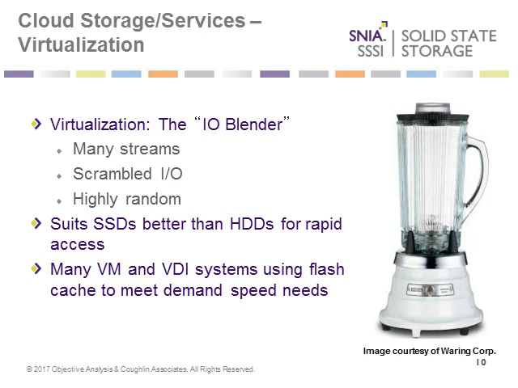It can be highly random access. And this is an application where SSDs are actually more popular than hard disk drives for rapid access, at least for a lot of the initiation of these virtual machines in particular. So many virtual machines and virtual desktop systems use flash cache to meet their speed requirements. Let's go to the next slide.